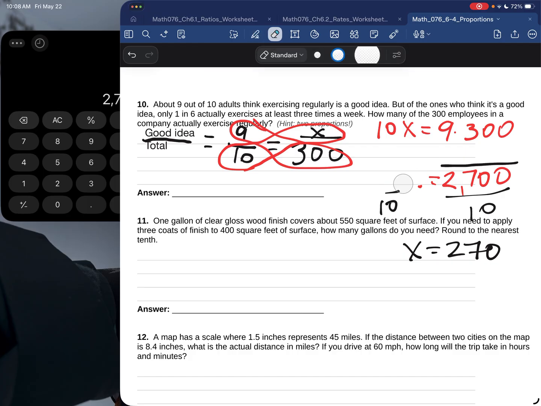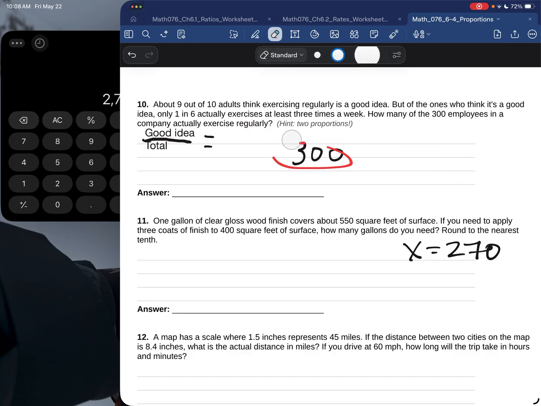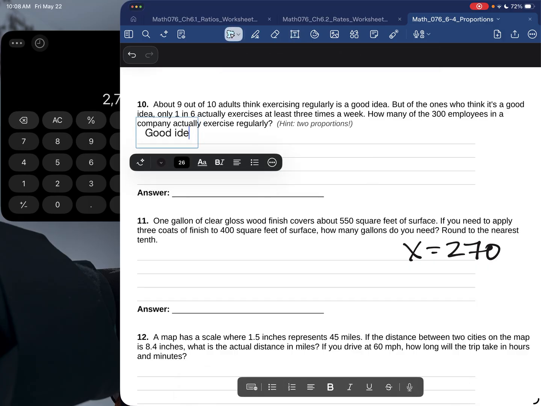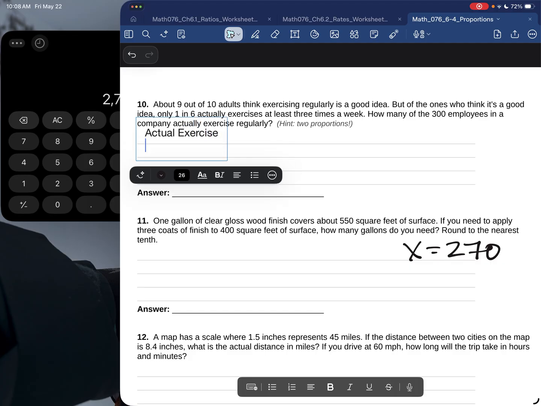Now I know how many think it's a good idea. Now I need to figure out how many of those actually do it, actually exercise. So I'm going to erase this part and change it to actually exercise over good idea.